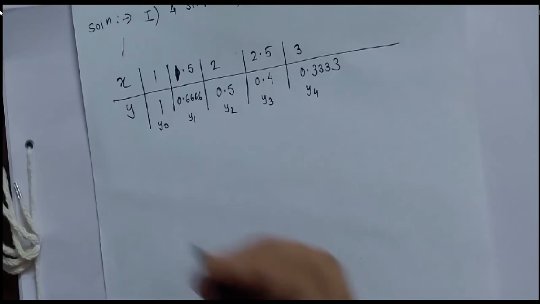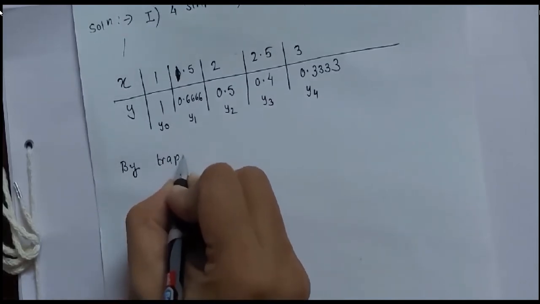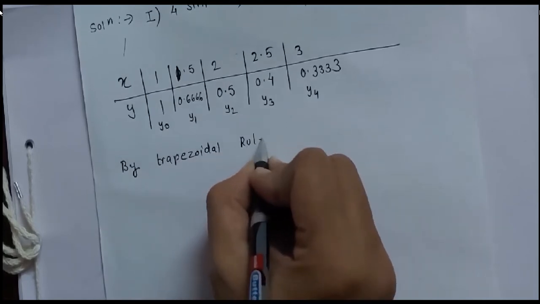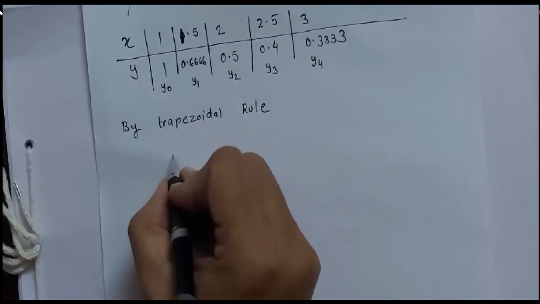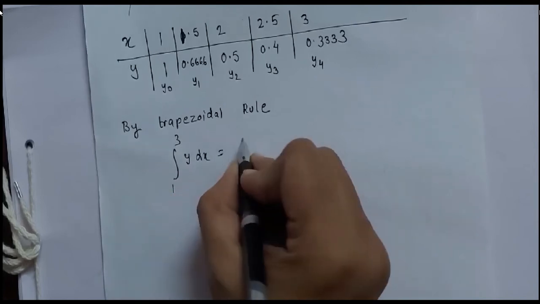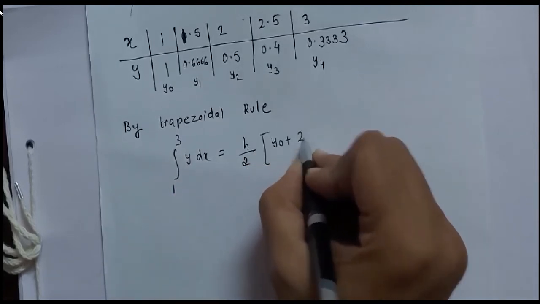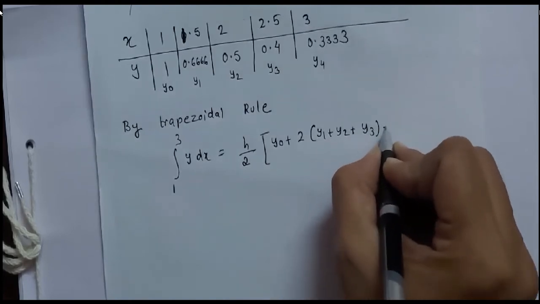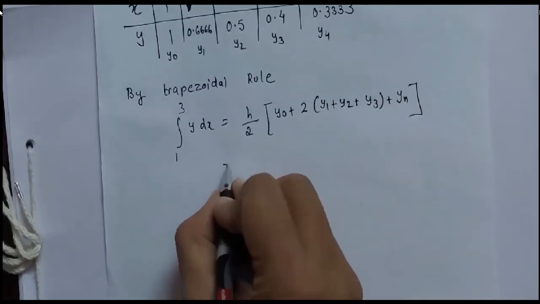We will first solve by the trapezoidal rule. By the trapezoidal rule, we know that the integral from 1 to 3 of y dx is equal to h upon 2 times y0 plus 2 times (y1 plus y2 plus ...) plus yn.